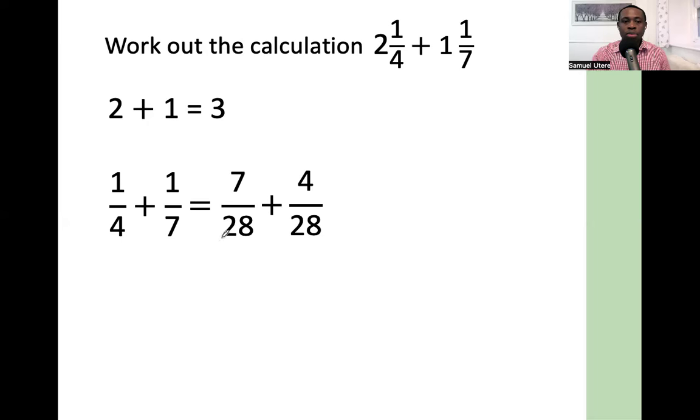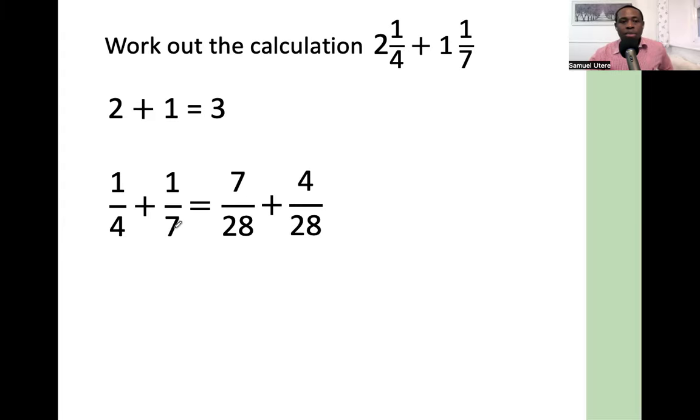So to be able to convert this denominator to 28, we multiply this denominator by 7, and we also multiply the numerator by 7. Remember, whatever you do to the denominator, you have to do the same to the numerator. To convert 1/7 such that we have an equivalent fraction of 1/7 that has its denominator to be 28, we have to multiply 7 by 4.